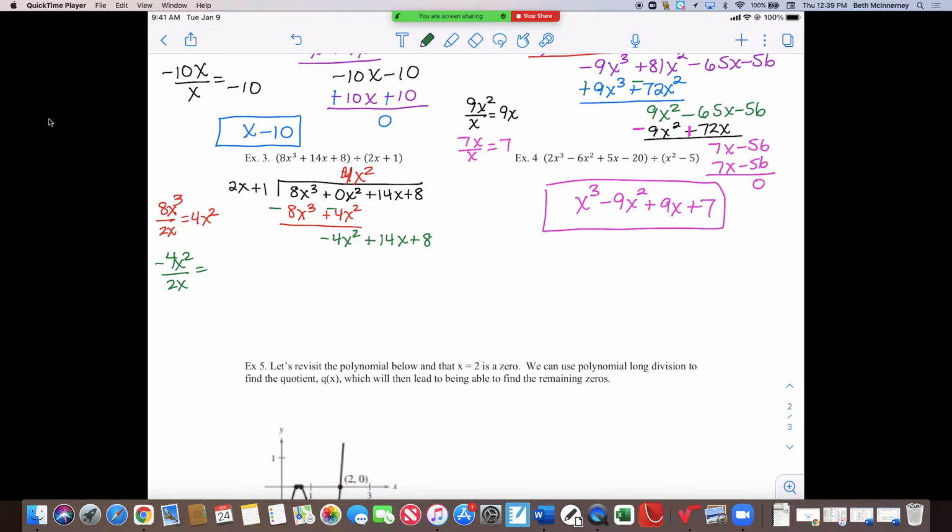So what would that be? Negative 2x. So I'm going to put the negative 2x up here. And let's distribute. So that's negative 4x squared minus 2x.